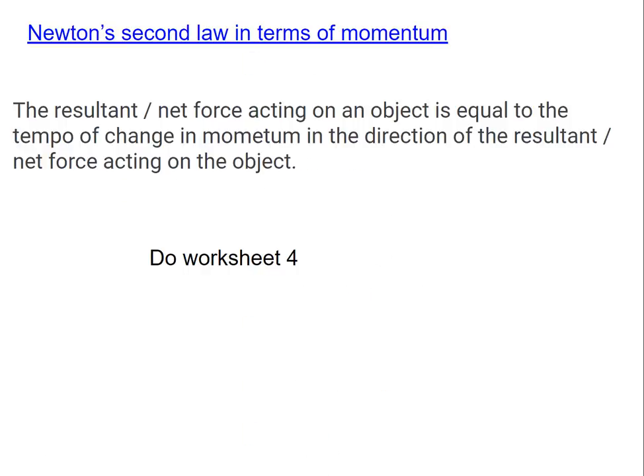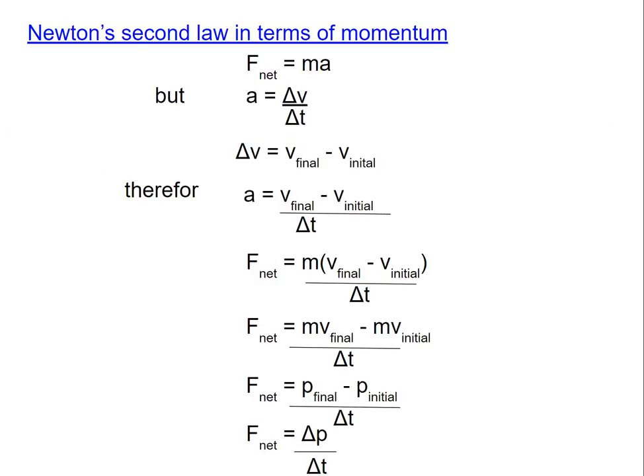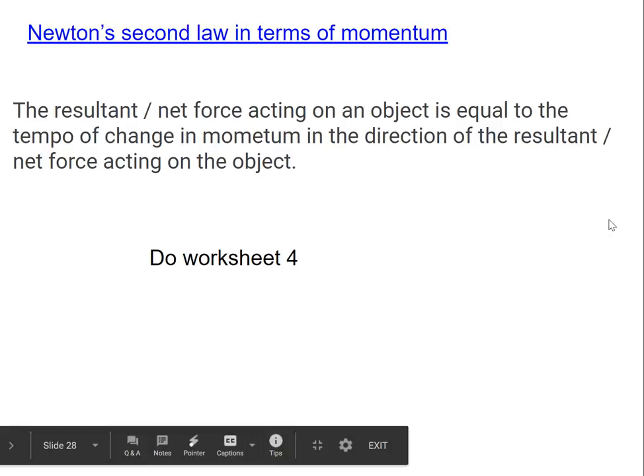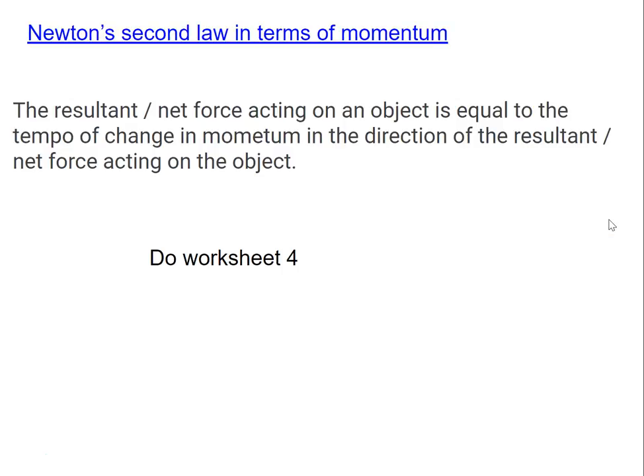The resultant force acting on an object is equal to the tempo of change of momentum in the direction of the resultant force acting on the object. This is the proper wording for Newton's second law in terms of momentum, and they love to ask this in exams. So make sure that you are able to write this down.